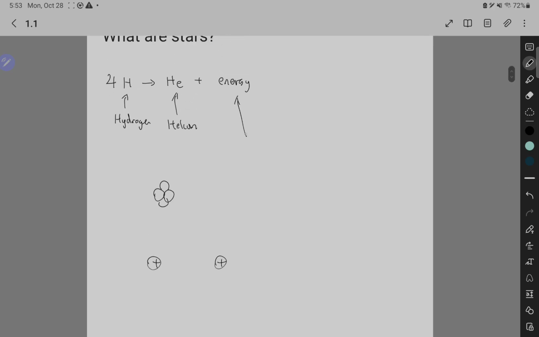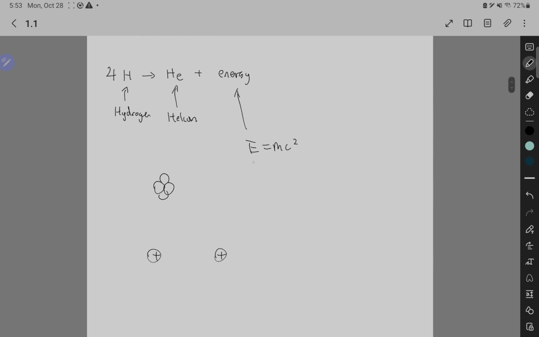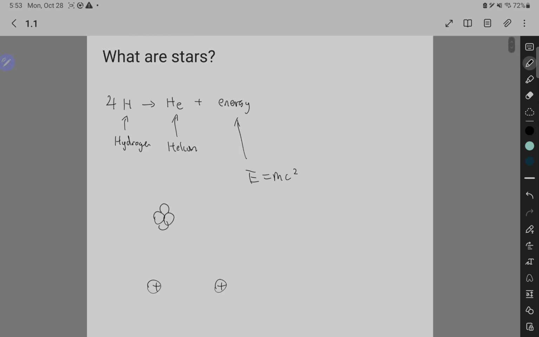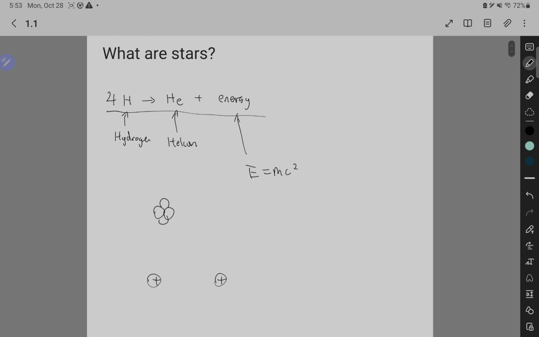This energy can be written as E equals mc squared. E is the energy emitted, m is how much mass was used in this process, and c is the speed of light. I'm not going to get too deep into that, but that's basically what this is. This reaction I just wrote here is kind of misleading, because it makes it seem like 4 protons just meet together and form helium.